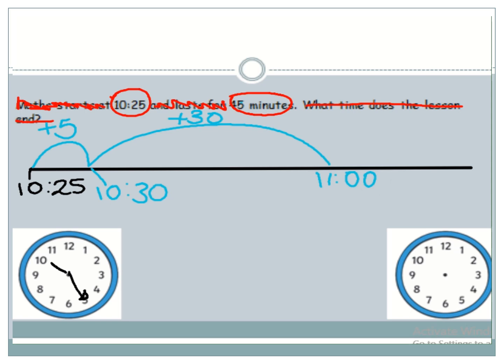So we've done 30, add 5, that's 35. We've got 10 more minutes, so then we can go 11 o'clock, 10 more minutes, and that will take us to 11:10. So we think the answer is 11:10.